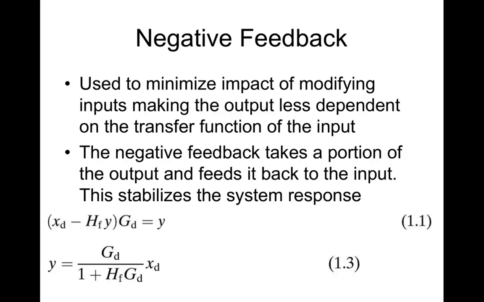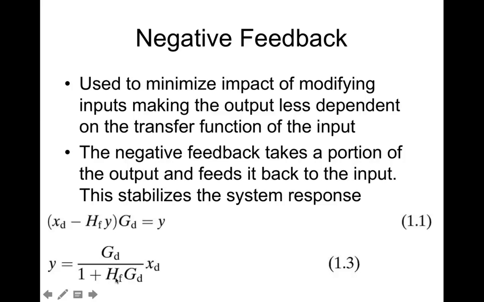Negative feedback is actually something that's used to minimize the impact of modifying inputs, and it makes the output less dependent on the transfer function of the input. So basically, your output y, instead of being directly related to your input x by this factor g sub d, which would be a transfer function that incorporates everything that's in your measurement system, the use of negative feedback changes that so that y is equal to x times this quotient, where this h of f is present in a feedback loop.